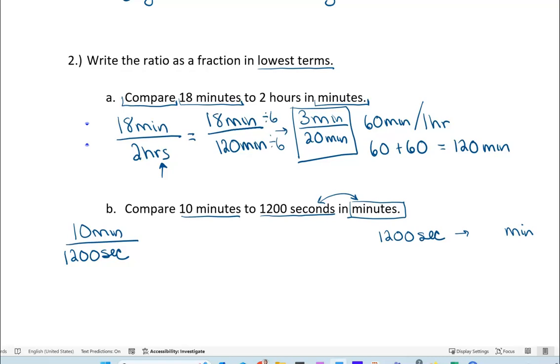The quantity isn't, but the number is, because there are multiple minutes in an hour. We used multiplication. For this one, we're starting with 1200 seconds. Well, there are fewer minutes than seconds, right? Because in 1 minute, there are 60 seconds. Okay, so that means we have to use division.